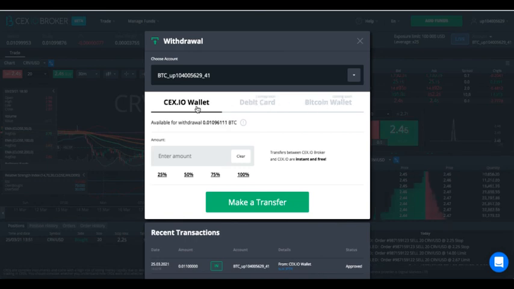But for right now, you can withdraw straight to your CEX.io wallet, and there's no fee for it. That's the great thing, and it's instant. Then I would just choose how much I want to withdraw. You can specify how much you want to take out, and you click make transfer, and then it's done.